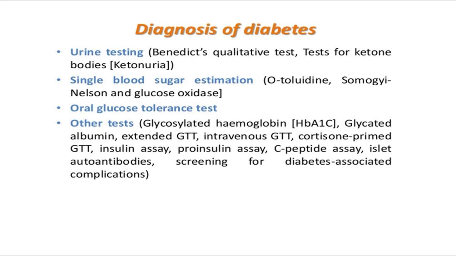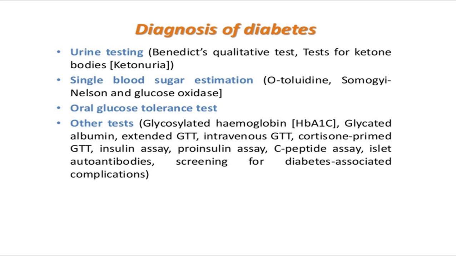The other important laboratory investigation is glycosylated hemoglobin, HbA1c, plus urine testing for glucose and ketone bodies, which is also a supplementary test for diabetes. So these 3 to 4 tests are important for diagnosing diabetes.